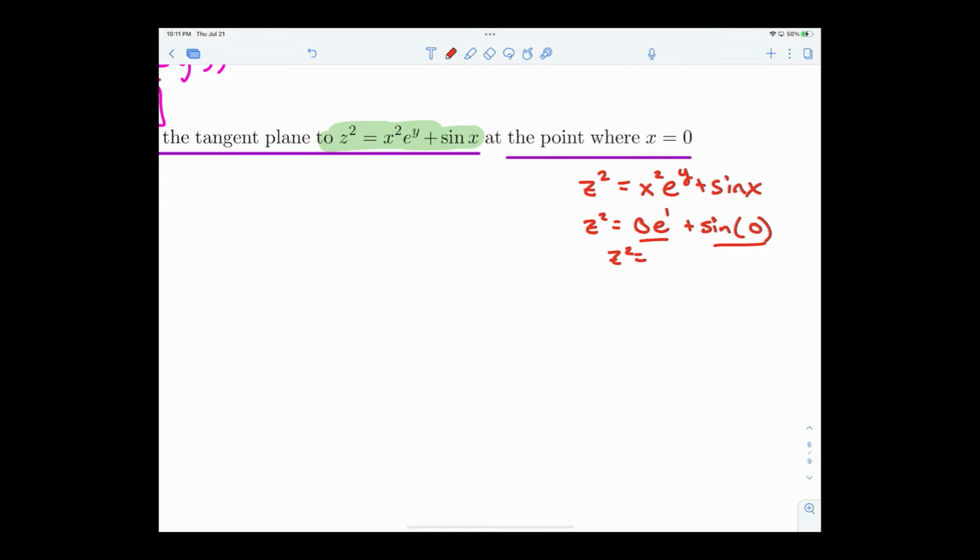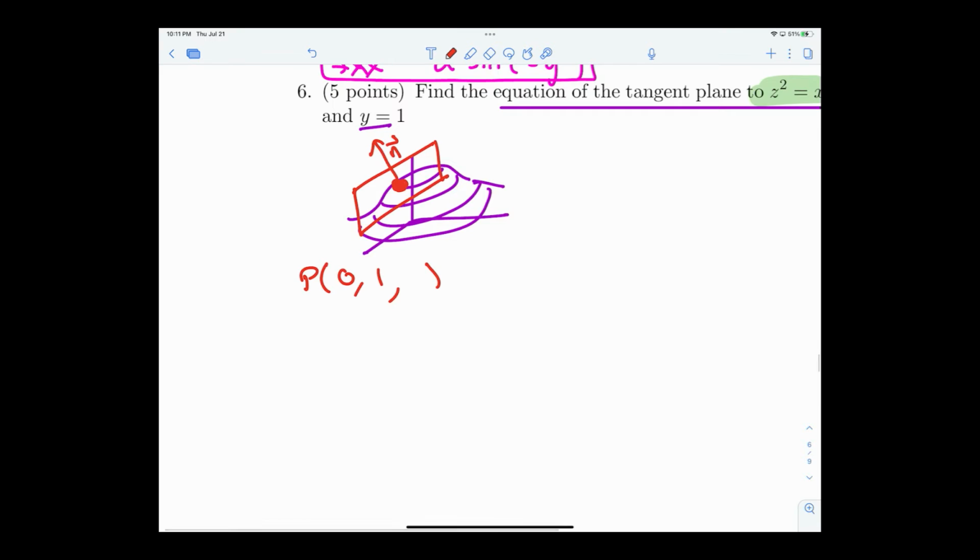So z squared equals 0, or z equals 0. So this was the missing coordinate of the point that we needed. The point is actually 0, 1, 0, and we had to calculate that ourselves.